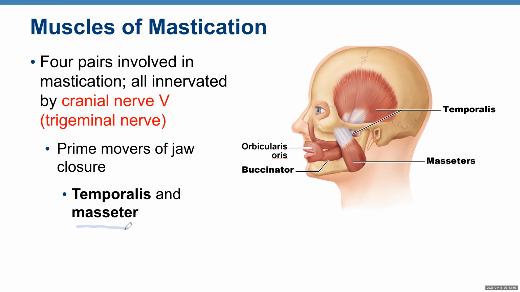So only 2 shown here instead of 4, temporalis and masseter. And because they are muscles of mastication, right, what are they going to move? Your mandible. If they move your mandible, they insert into the mandible, because you move the insertion towards the origin.